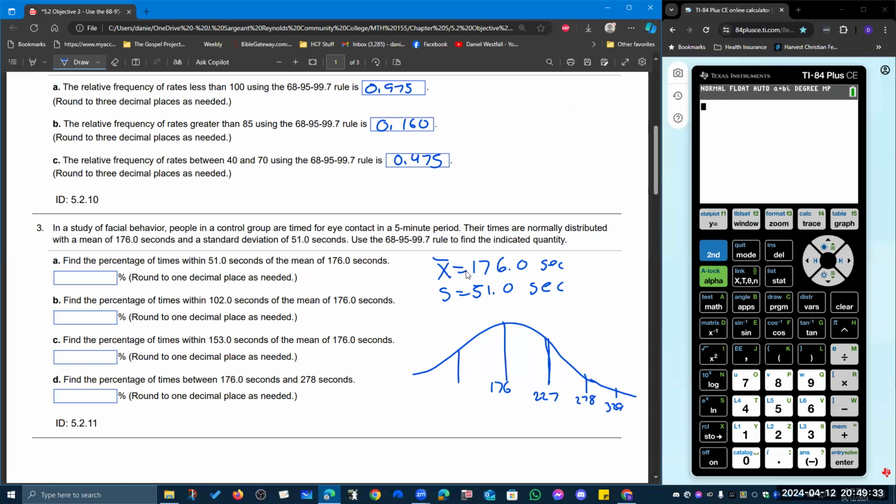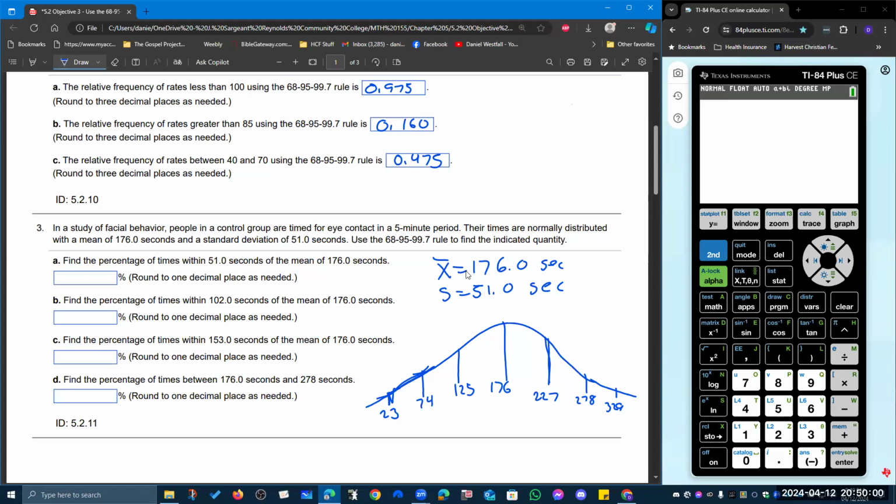It's going to be minus 51 from this, which is 125. Minus another 51 is going to be 74. And then minus another 51 over here is going to be 23. And that represents my plus or minus 3 standard deviations.